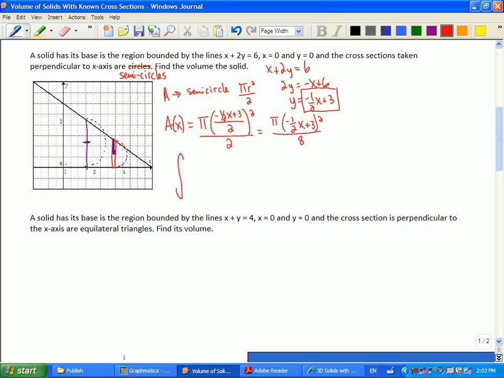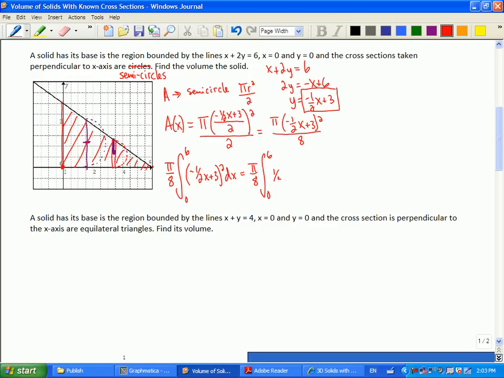This will be the integral. The bounds are this area in here, and we go from 0 to 6. So I'll take my constant out front, which was pi over 8, and I'd have the integral of (negative 1/2 x plus 3) squared dx. I'm going to want to expand that to help me work out what it'll be.